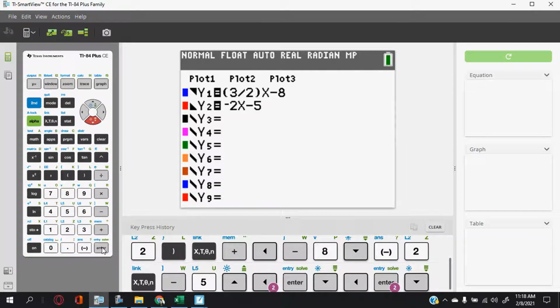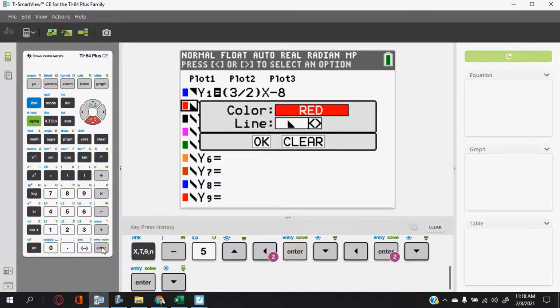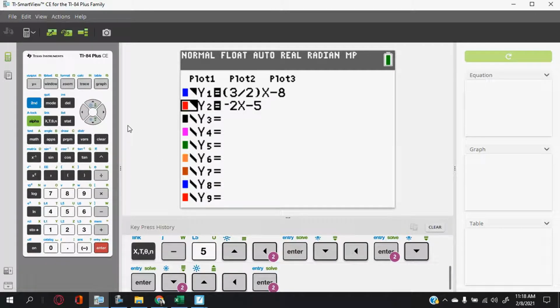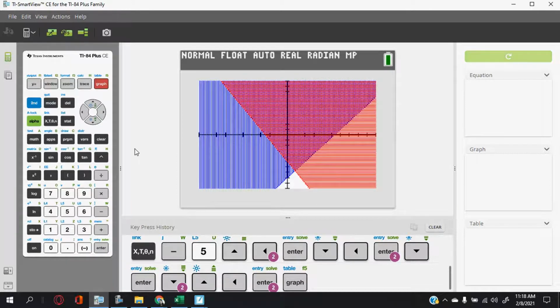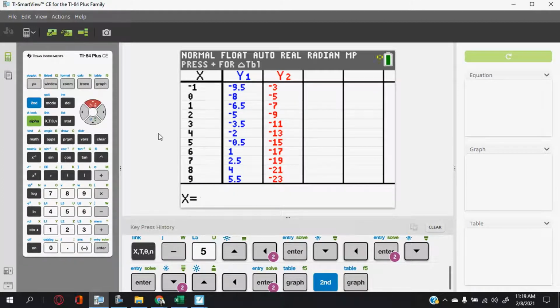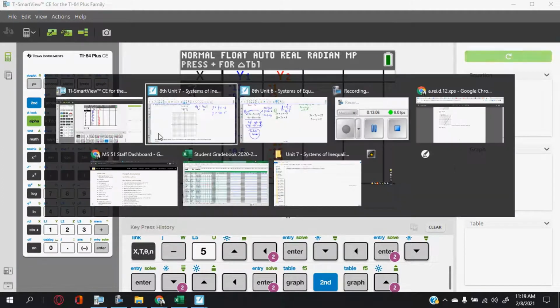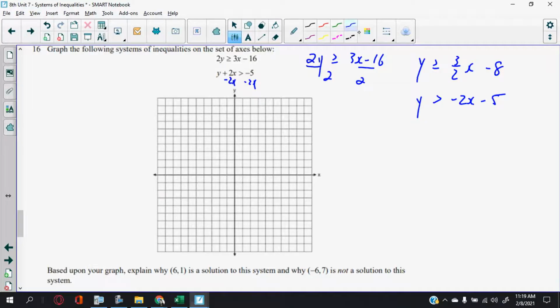It's just that the line, one's solid, one is not. So we've got that. Let's graph that. Technically speaking, this graph doesn't really help us because we actually need the points. So let me go to the points. For the blue one, our first equation, let me use blue.